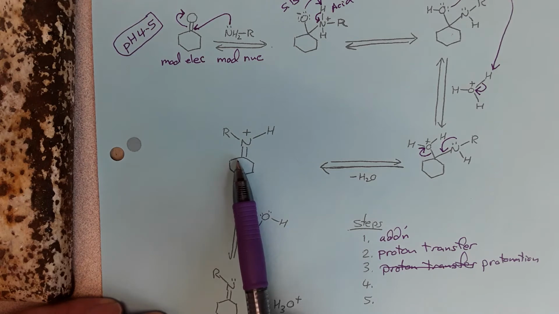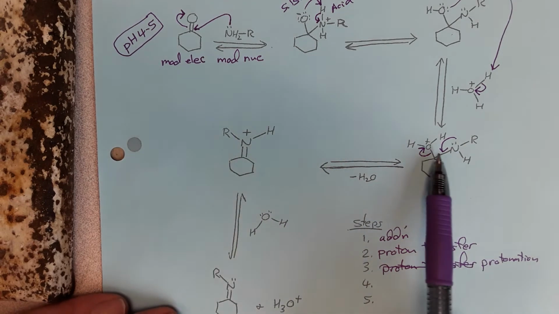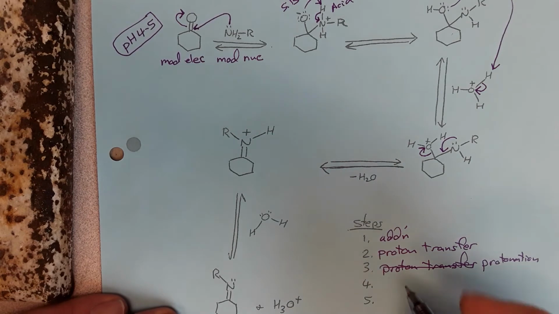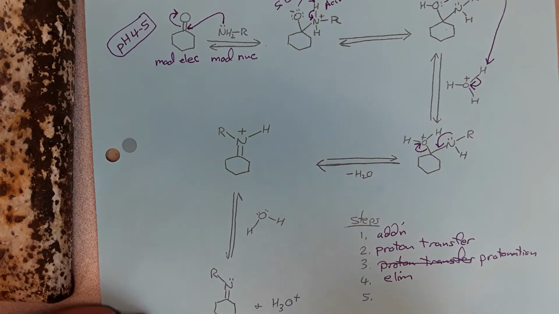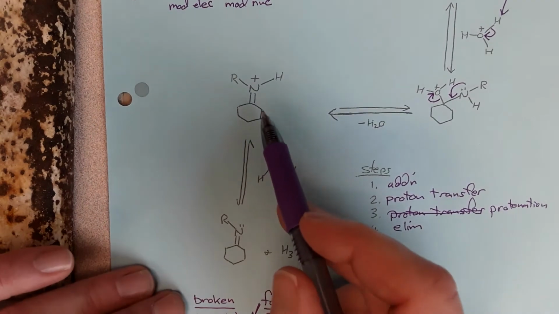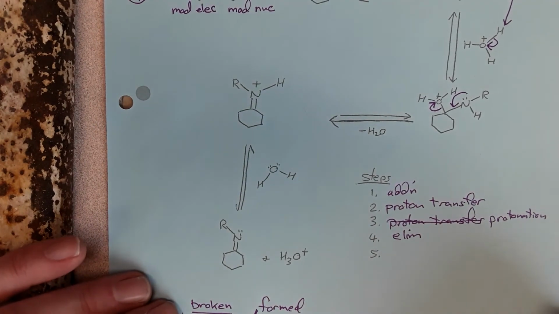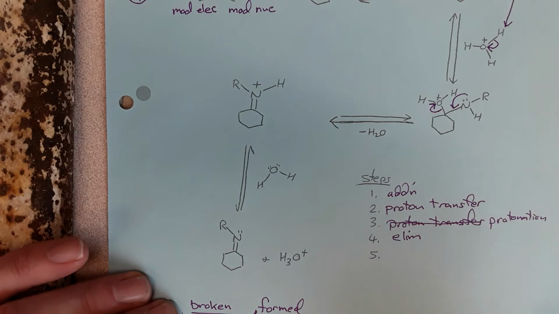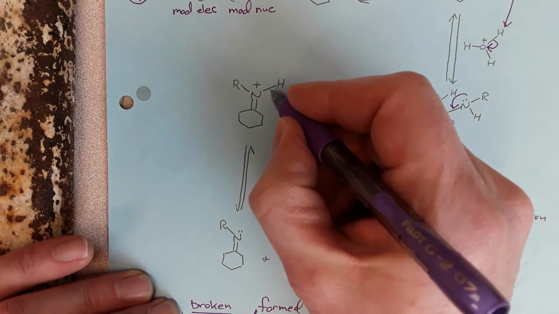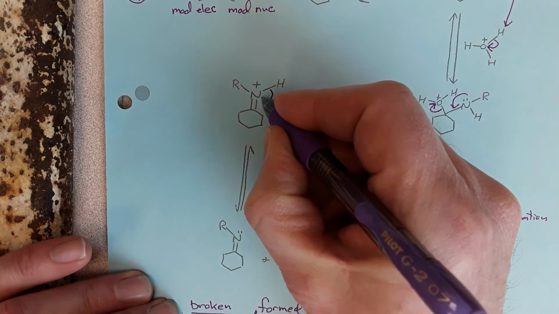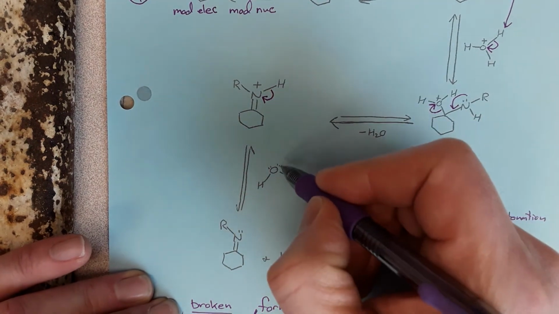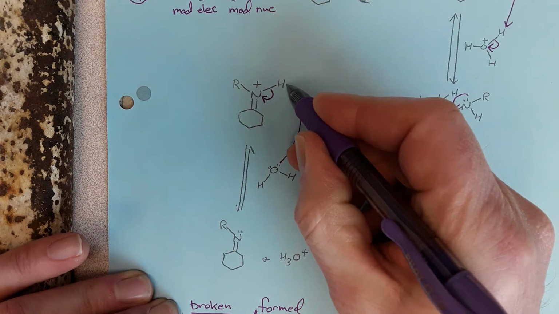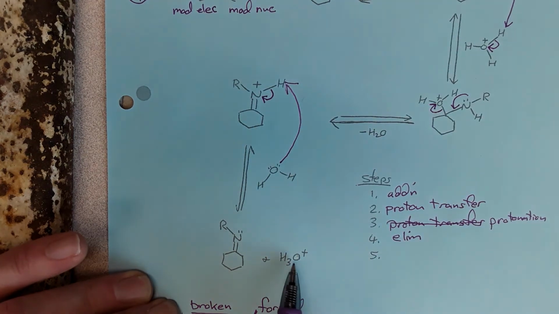Okay, so here we are after forming our pi bond, we've done an elimination. And this looks almost like our final product. The only thing that we have left to do here is to deprotonate it. And so we can just show the proton coming off into solution, or we can show our water pulling it off, reforming H3O.